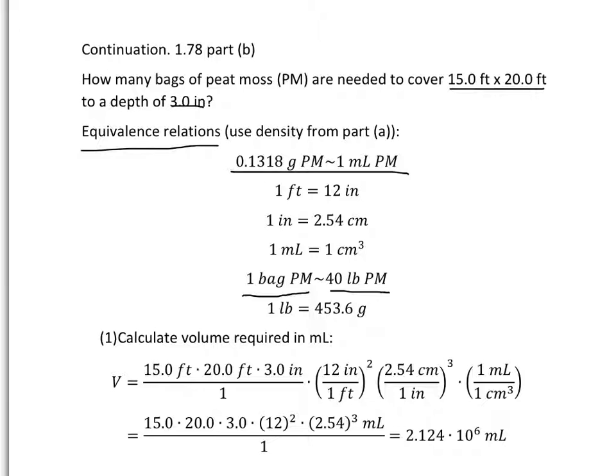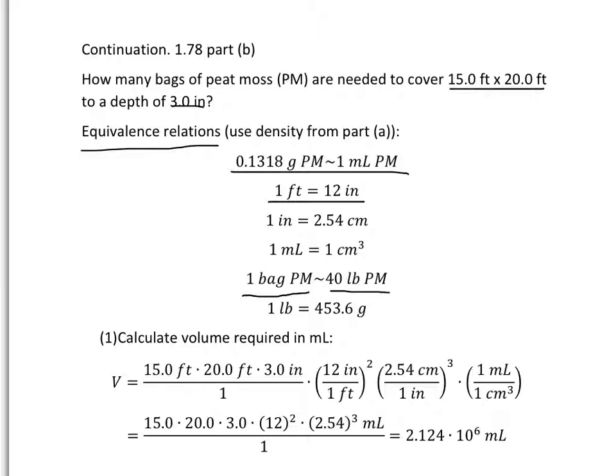When considering the area that I need to cover, notice that the area is given in dimensions in feet. Well, to get it into the same dimensions that I need for converting from the density, I'm going to need to turn those feet into centimeters. The two things I know, I could use it directly, but I know off the top of my head that 1 foot is 12 inches.